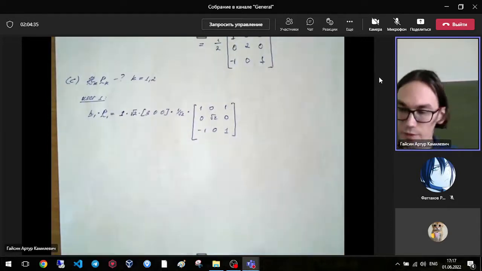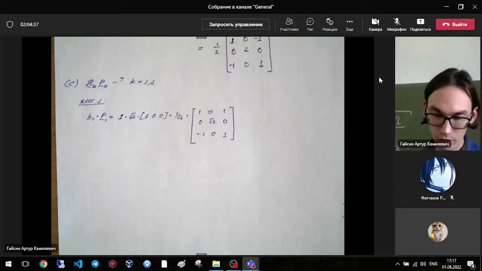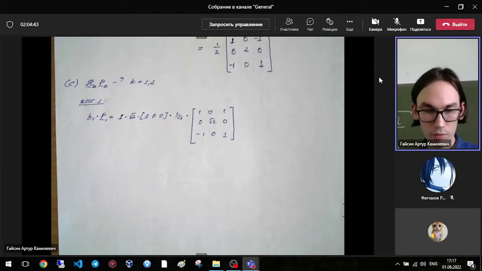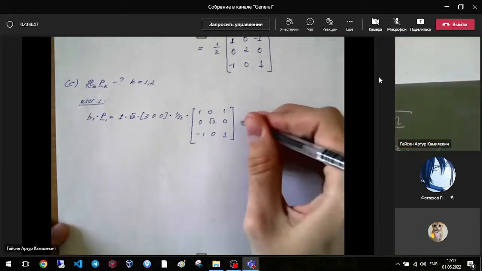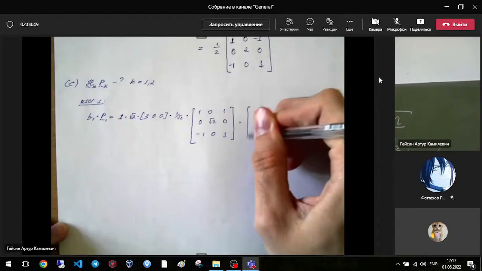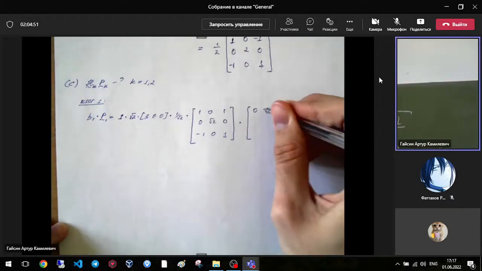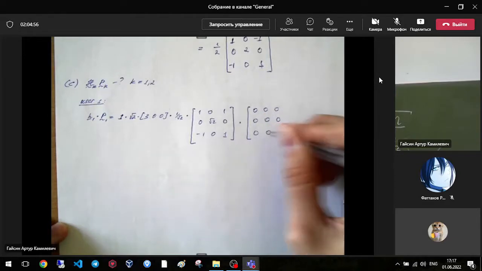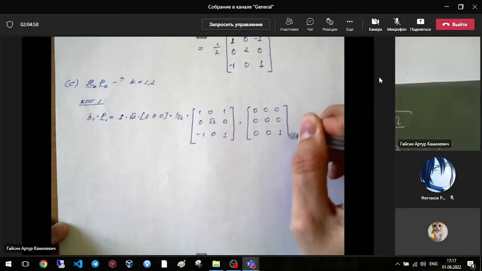So this thing we multiply by this matrix of zeros, and last element is equal to 1. So zeros. And last element is 1.